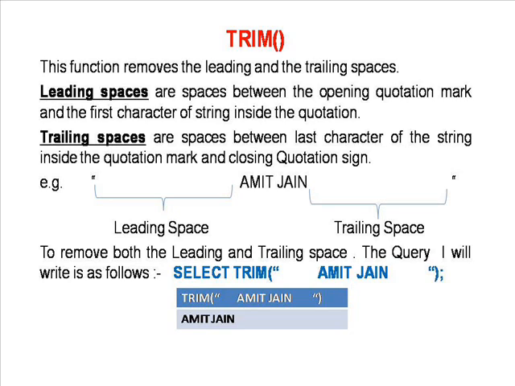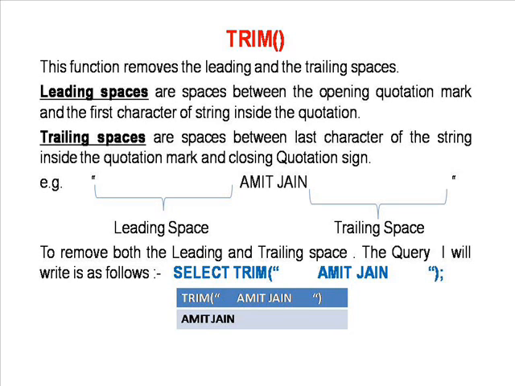Whereas trailing spaces are the spaces between the last character of the string in the quotation and the closing quotation sign. So in Amit Jain, after the alphabet N in Jain, there is a lot of space before the quotation mark is closed. These spaces are the trailing spaces.